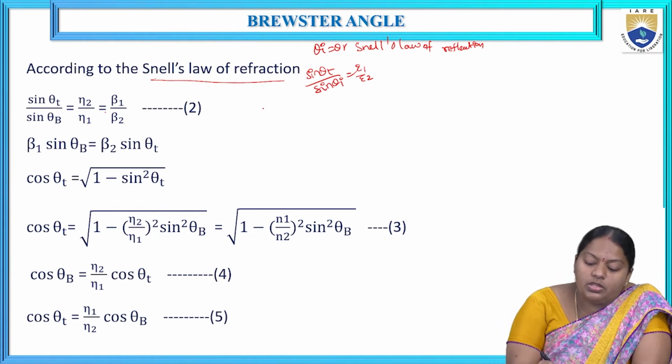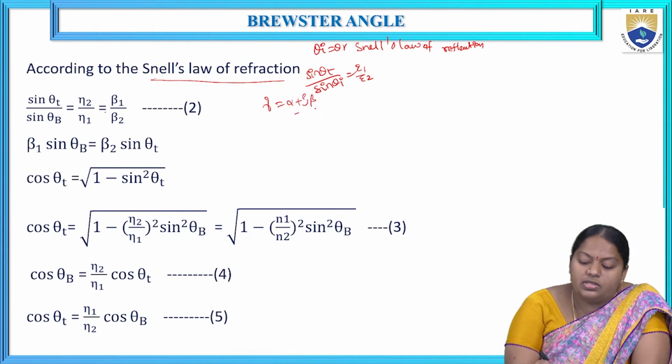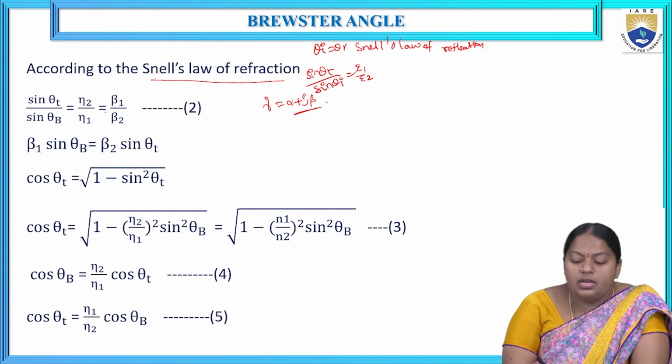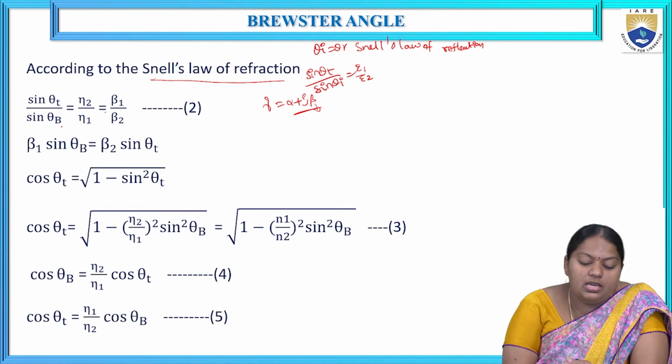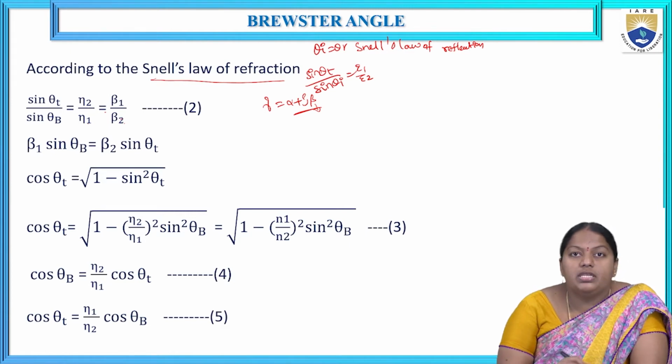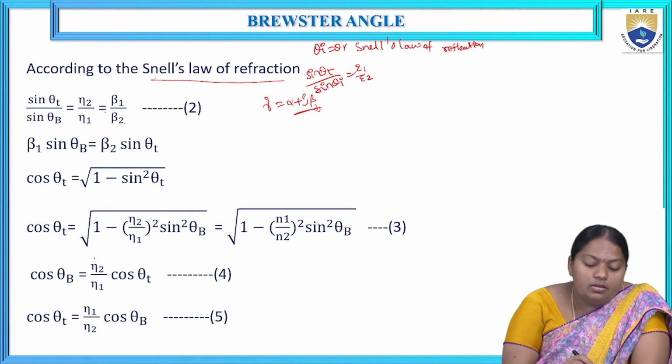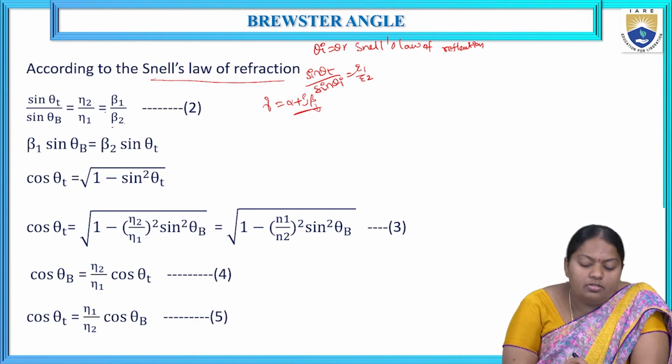As we know, the propagation constant gamma can be written in terms of the attenuation constant alpha, which is the real term, and the phase constant beta, which is the imaginary term. So sin theta t by sin theta b equal to eta 2 by eta 1 equal to beta 1 by beta 2. Then by cross multiplying these, we get beta 1 sin theta b.